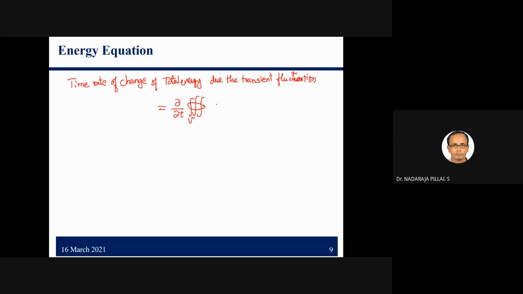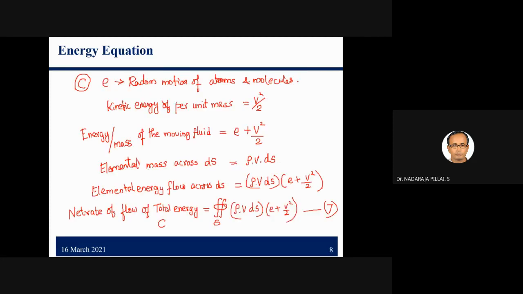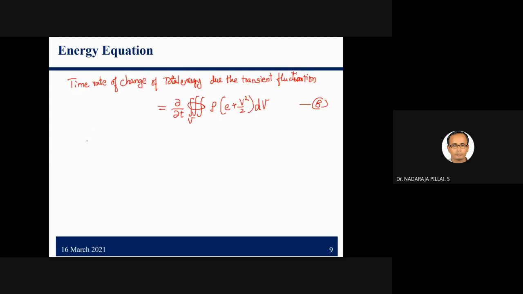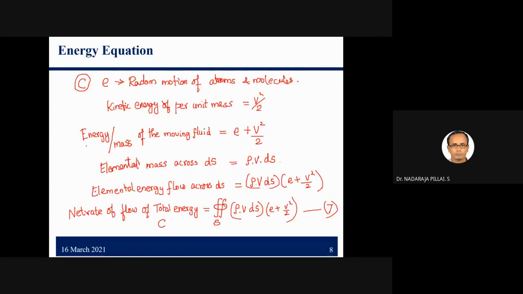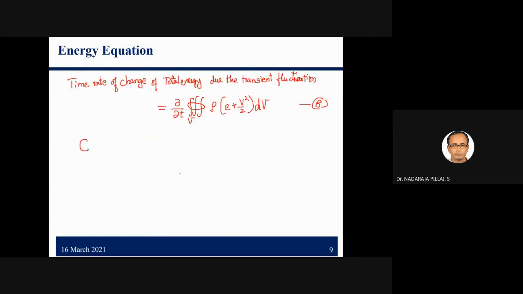So we can write this directly as rho into E plus V square by 2 into dV. Right? This is equation number 8. Here in the rate of change of energy, we will consider 2 components, equations 7 and 8. This is C1 and this is C2.